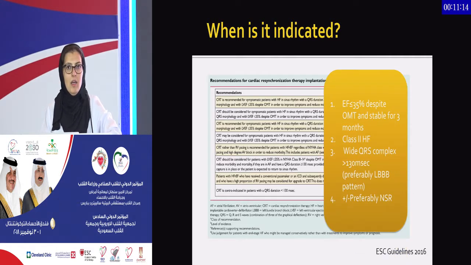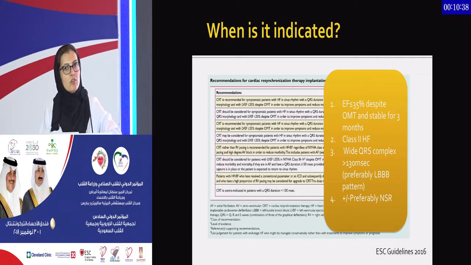But to make it simple, any patient with HFrEF, with an ejection fraction of less than or equal to 35%, despite good medical therapy, optimizing your medical therapy, reaching target doses, and being on stable doses for at least 3 months, and they remain symptomatic, so class 2 or more, and have the best surrogate we have for dyssynchrony at the moment, which is the wide QRS complex, so having a QRS complex of more than 130 milliseconds. All of these patients should be considered for cardiac resynchronization therapy.